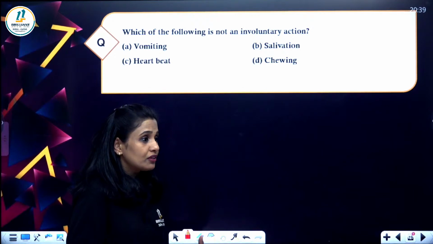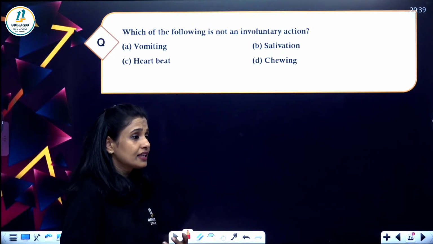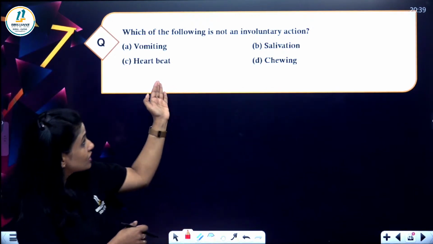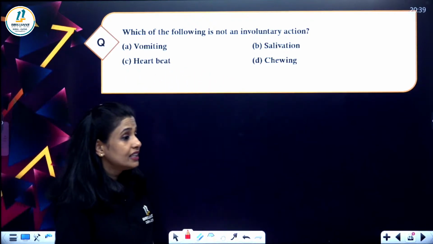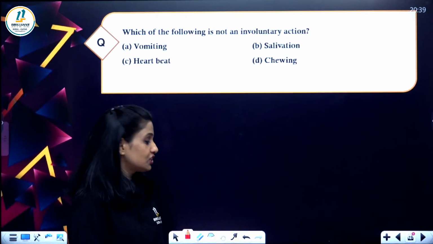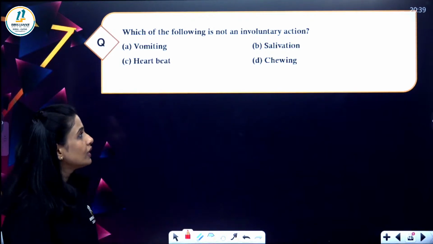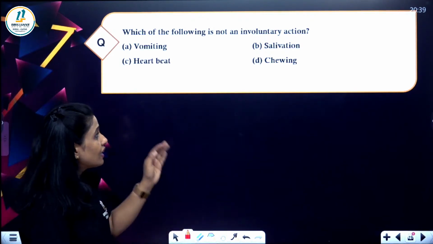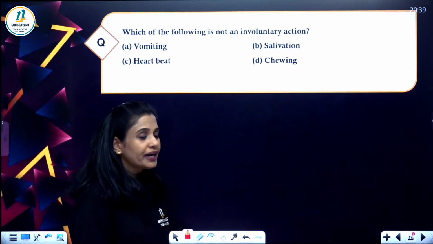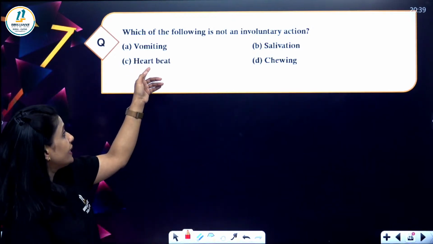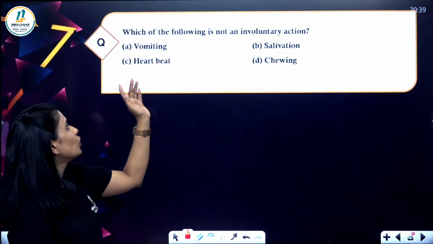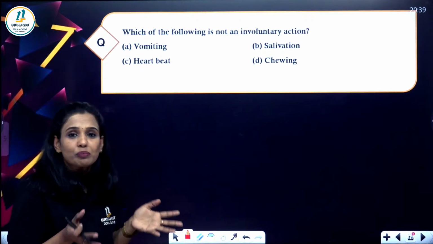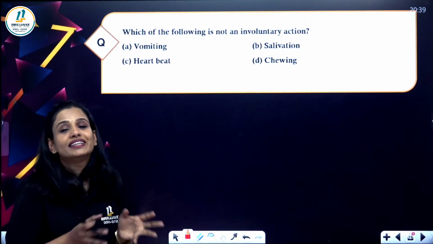It's a very direct question. Which is an involuntary and which is a voluntary action here, which is not an involuntary action? Yeah, it is option D, chewing. Vomiting, salivation, heartbeat, all are coming under involuntary action.